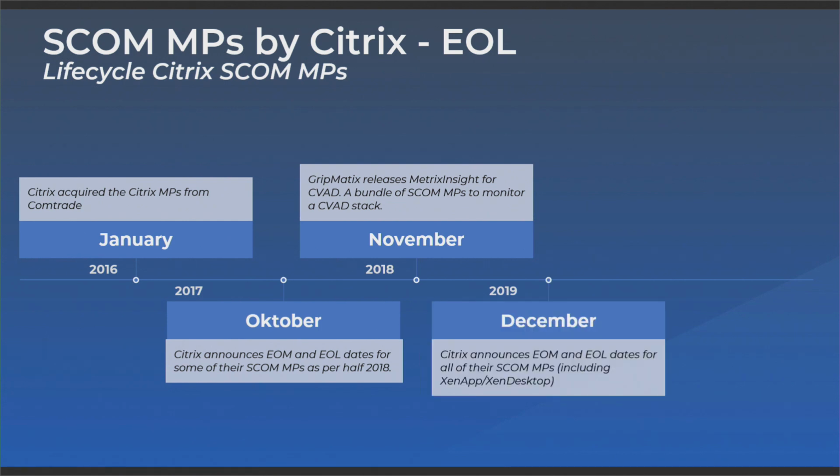In 2019, fast forward, the big word came out in December. Citrix announces that they will stop maintaining and put all their management packs on end of life status as of June 2020.